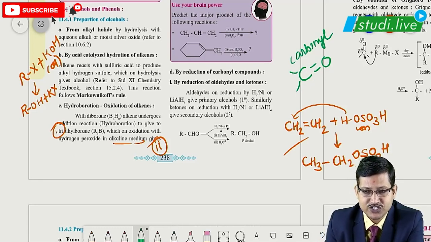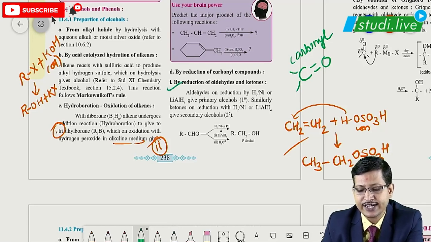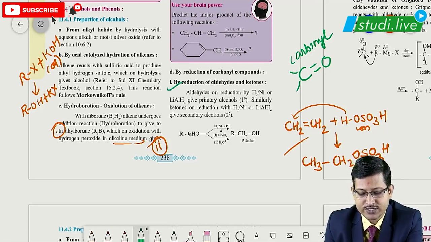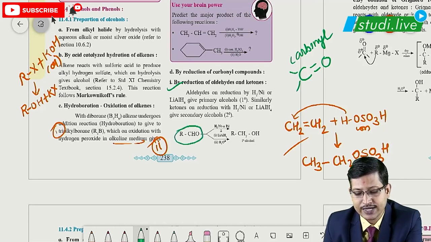Now in that, the first reaction is by reduction of aldehydes and ketones. The first one is RCHO, that is aldehydes, which will react with H2, that is molecular hydrogen, in presence of nickel, platinum and palladium to give you primary alcohols.